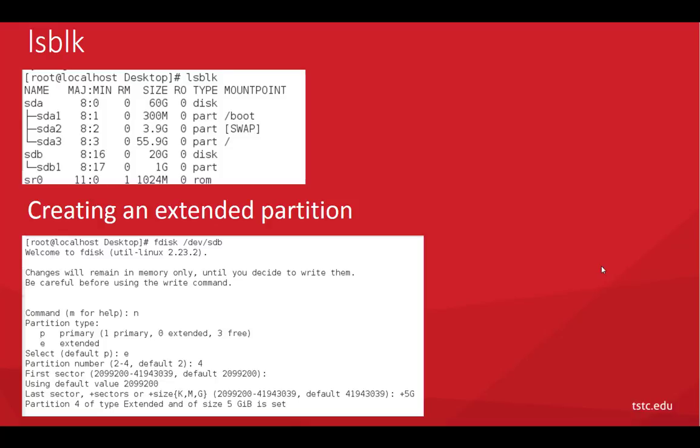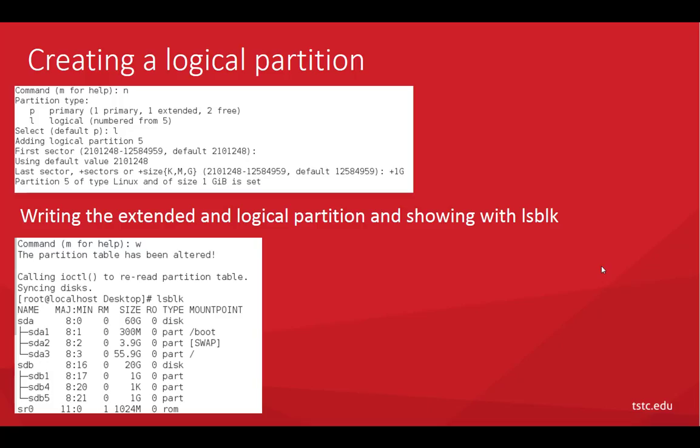We do that the same way we created the primary and extended, but this time we will hit L, leave the first sector as default, do a plus 1G for the size. You'll notice we don't get a choice for partition number, and it will be by default 5. We will leave the partition type as Linux and type W and enter so that it writes the partition table and exits fdisk. Next, we will run the lsblk command to show our new partitions.